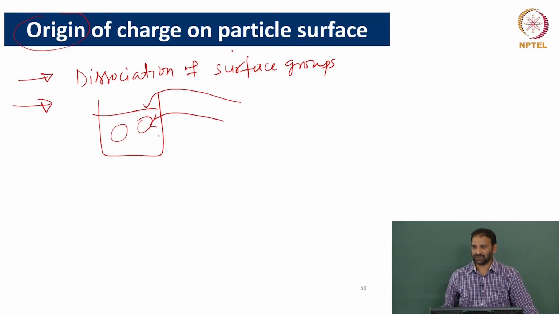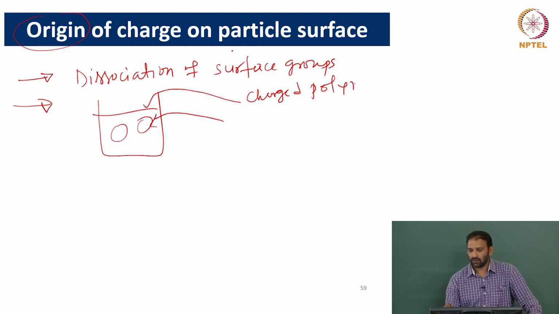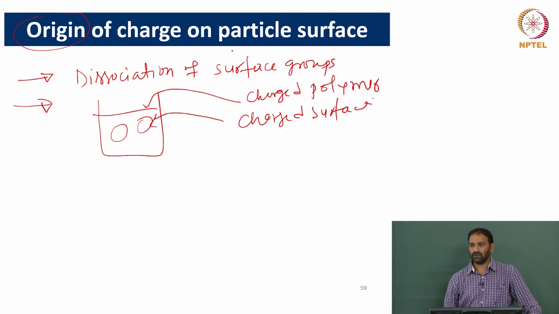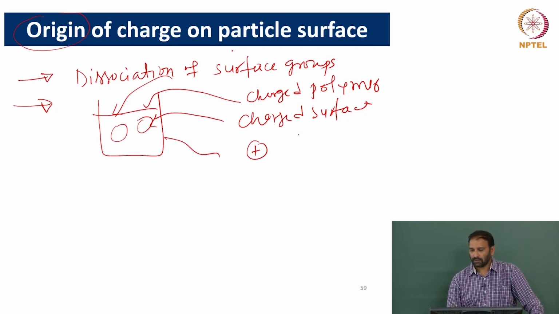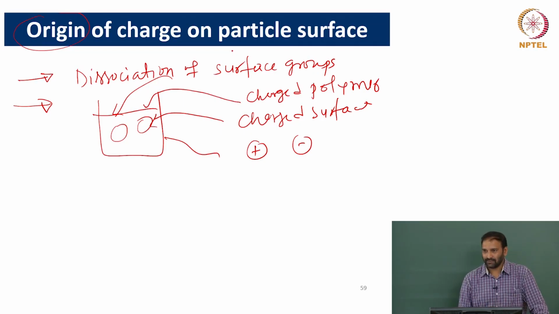I can add a charged polymer, or I can add a charged surfactant, or I could add some reagents which have positive or negative ions. In such a case, all these things that I've added can go and adsorb onto the particle surface.